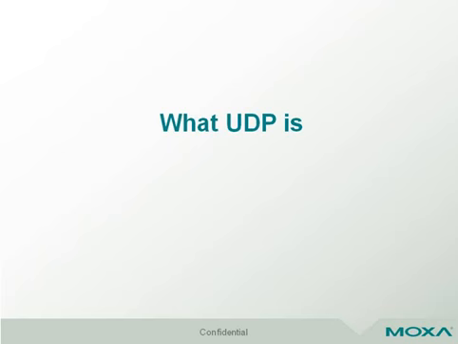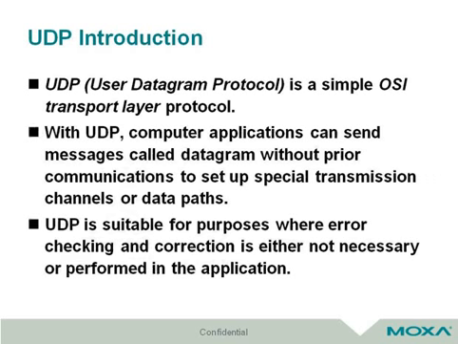Okay, now let's talk about what UDP is. UDP, User Datagram Protocol, is a simple OSI transport layer protocol. With UDP, computer applications can send messages called datagrams without prior communications to set up special transmission channels or data paths.